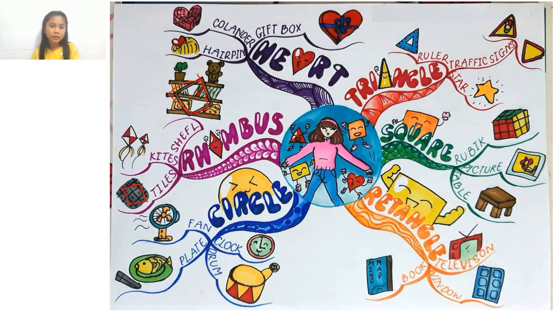What is the 3-dimensional shape of the circle? A sphere, right? And next, what is the 3-dimensional shape of a triangle? Yes, it's right. It's the pyramid or cone, right?